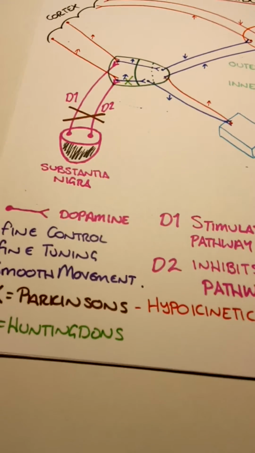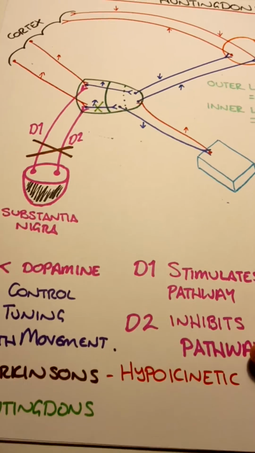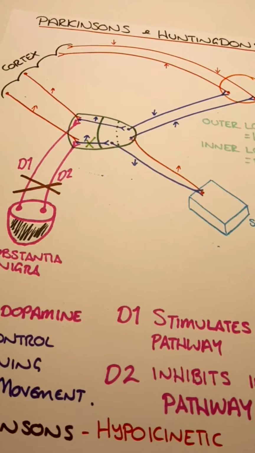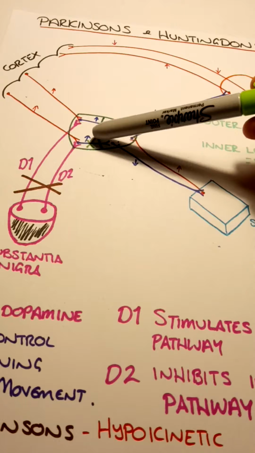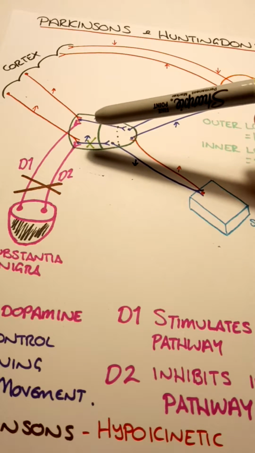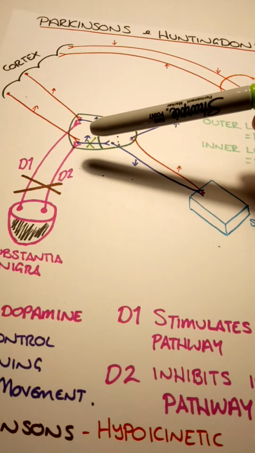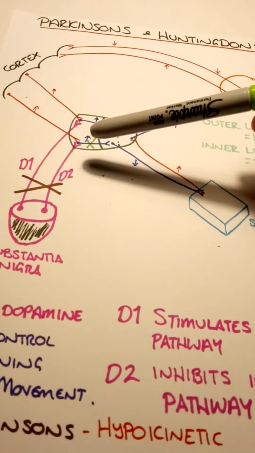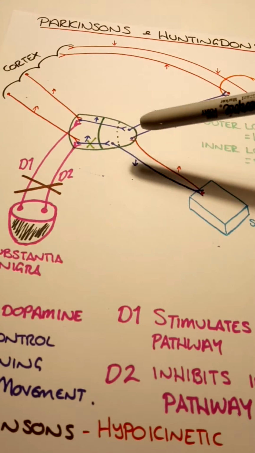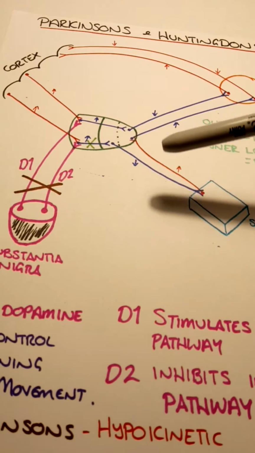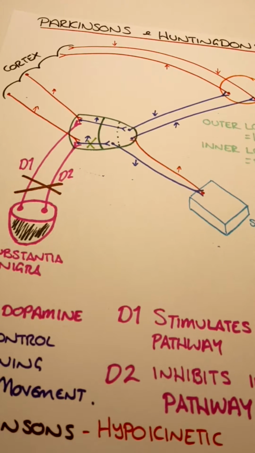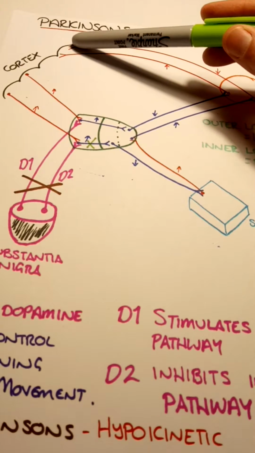Okay, so let's have a look. If this is affecting this part of the indirect pathway, what is the indirect pathway doing? The idea of the indirect pathway is so that there is less movement sent to the cortex.